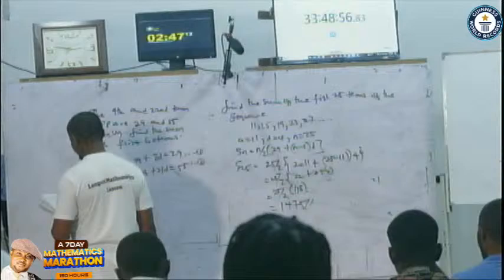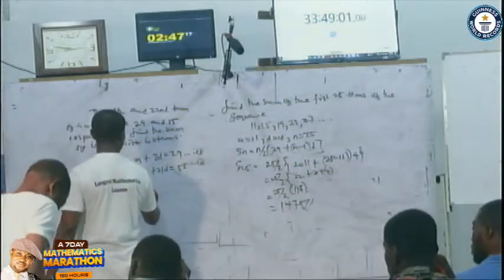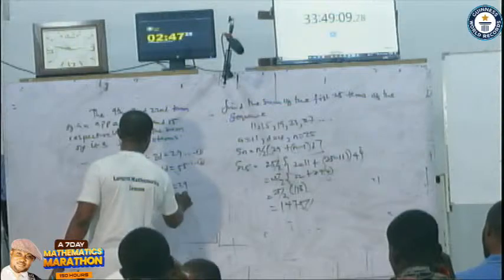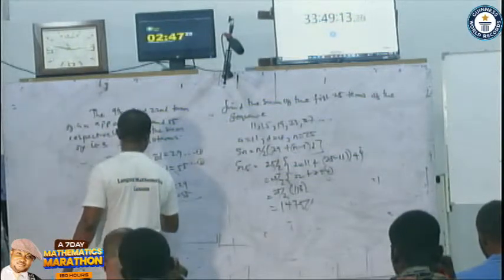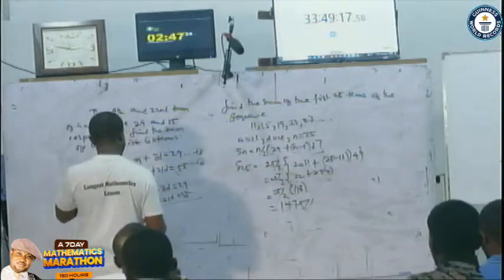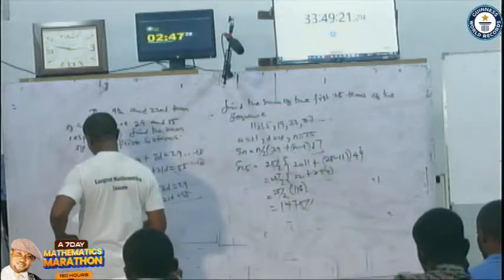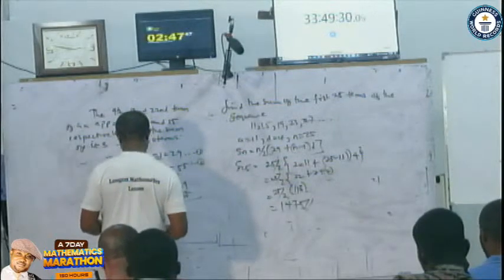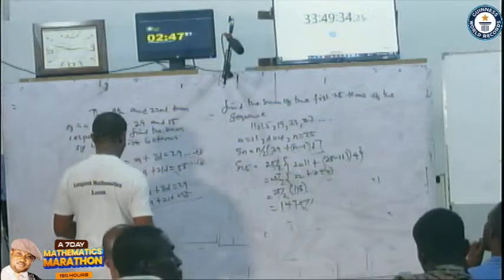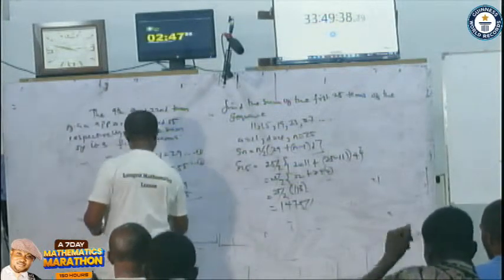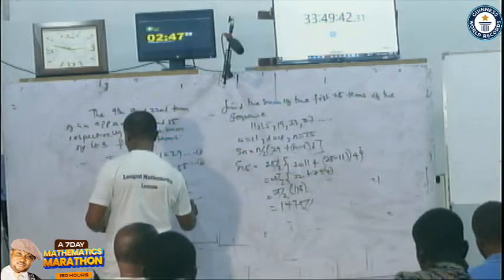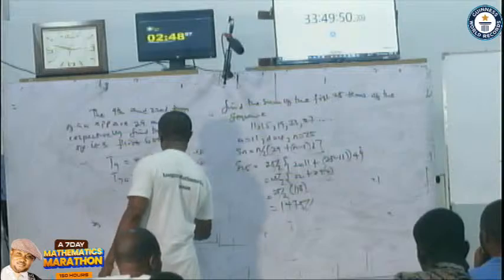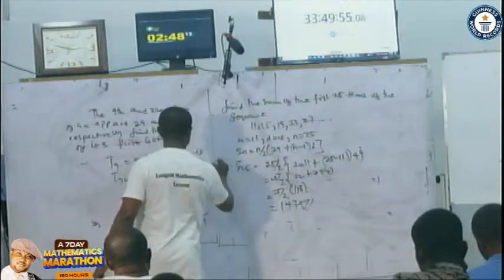So we have A plus 8D equals 29 and A plus 21D equals 55. Subtracting, A is gone, 21 minus 8 gives 13D, and 26 over 13 gives D.